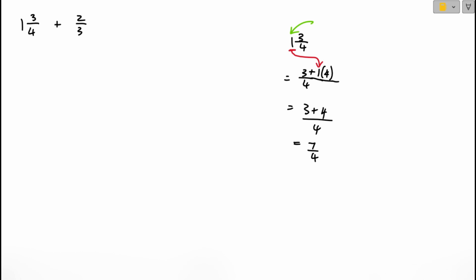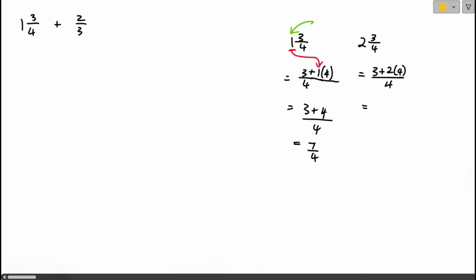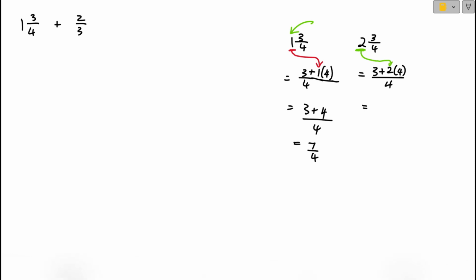So let's have a look at another one. So let's say we have 2 with 3 over 4. So I will then say 2 times 4, right, over 4, right? Remember this value over here, we multiply with the value of the denominator.